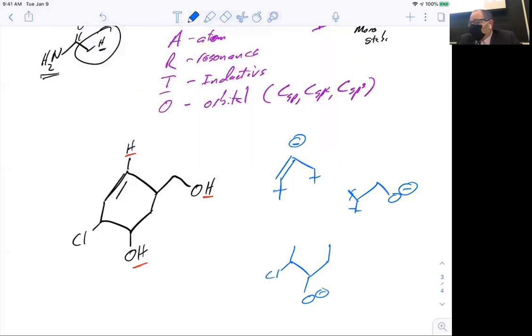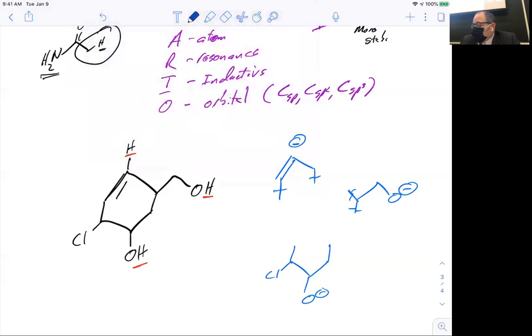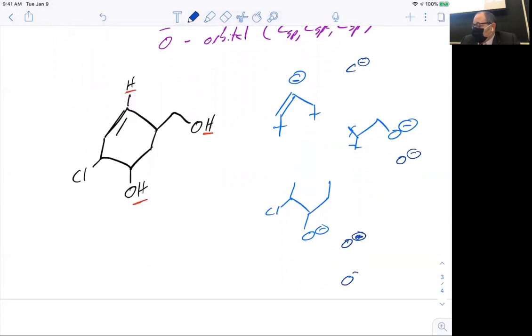So if we're looking at these three conjugate bases, again, if we look at our atoms, right, we've got carbon negative, oxygen negative, and oxygen negative, right? So therefore the oxygen negatives are going to be more stable than the carbon negatives.